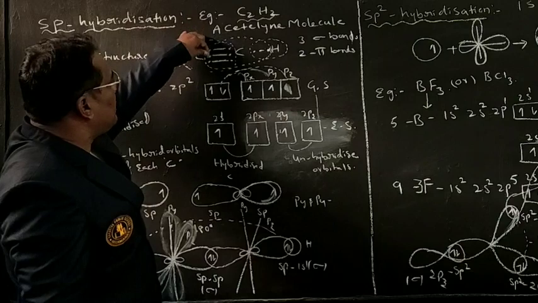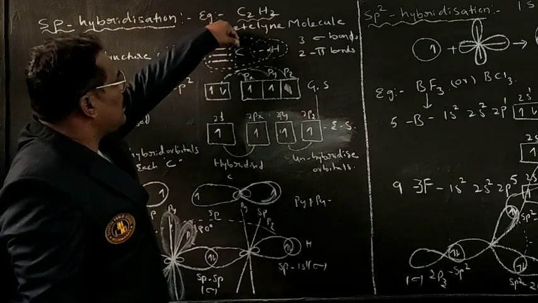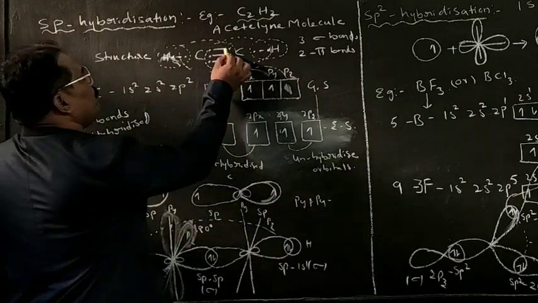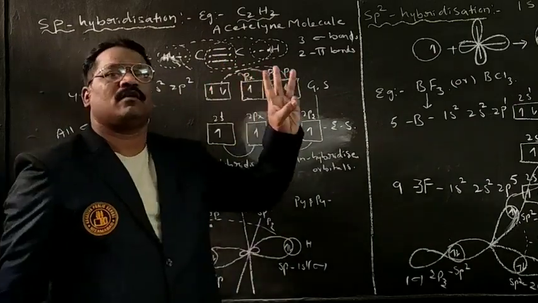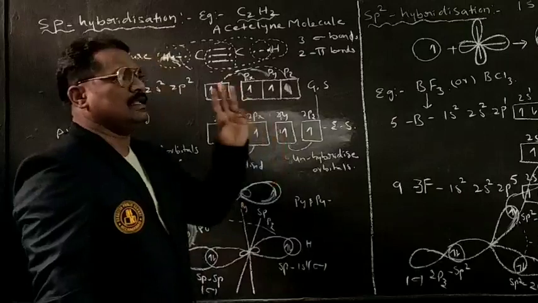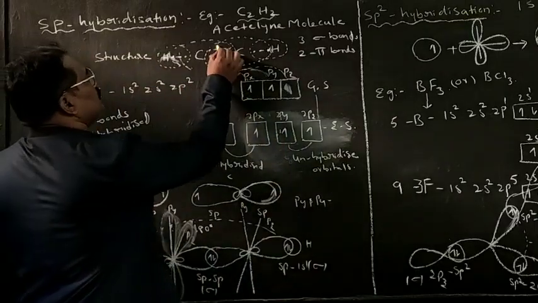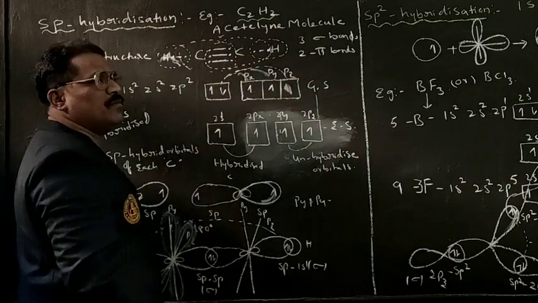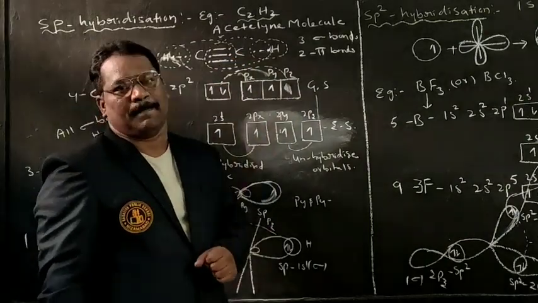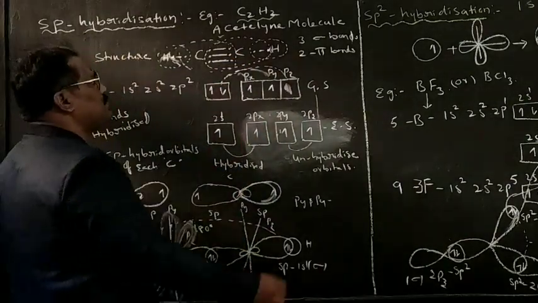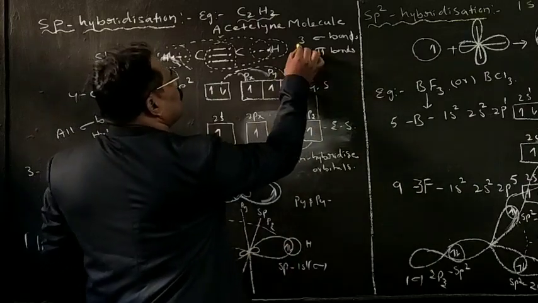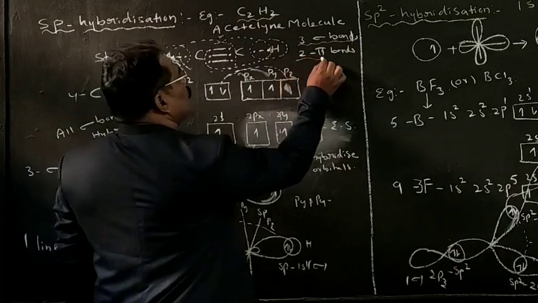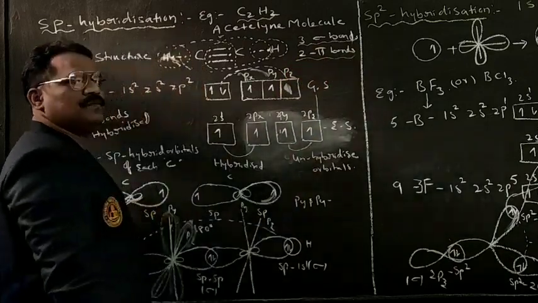Whereas these 3 unpaired electrons of one carbon and these 3 unpaired electrons of the other carbon overlap each other and form triple covalent bonds. Within that, one bond will be a sigma bond, the remaining 2 bonds will be pi bonds. Already we have studied. So total how many bonds are forming here? 5 bonds: 3 are sigma bonds and 2 are pi bonds.